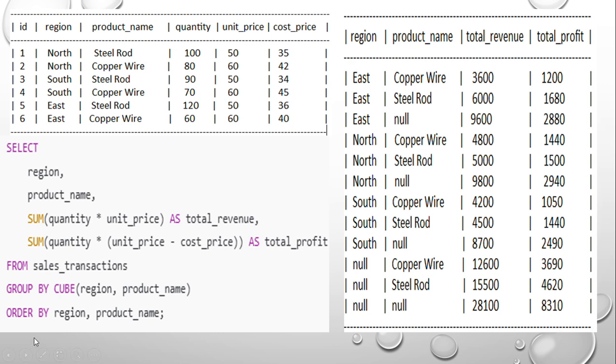So what is happening is, in the GROUP BY, whatever categories we give, the individual breakdown comes, then the regional subtotals, then the product name subtotals, and at the end the grand total. So it is giving all possible combinations of aggregations.